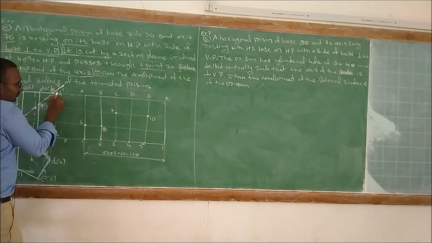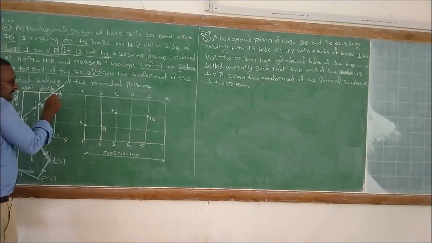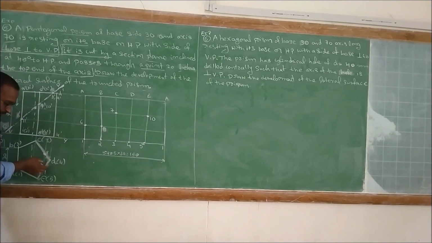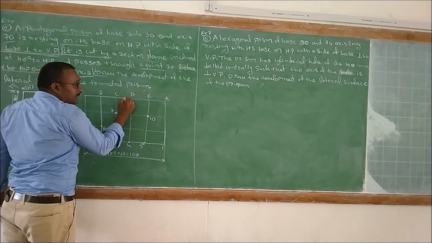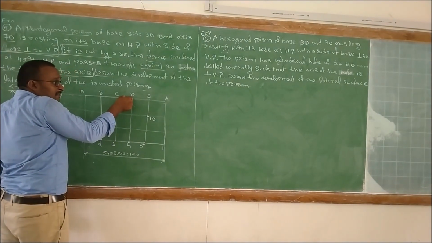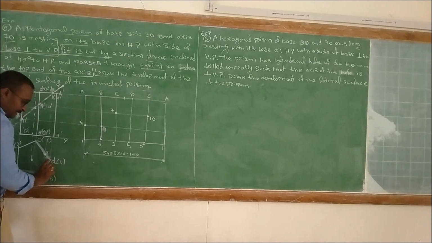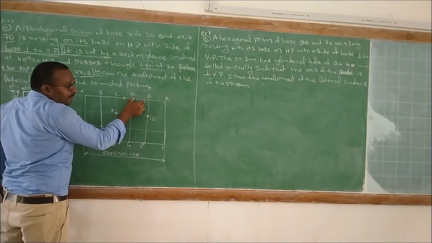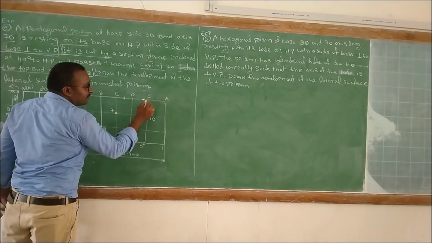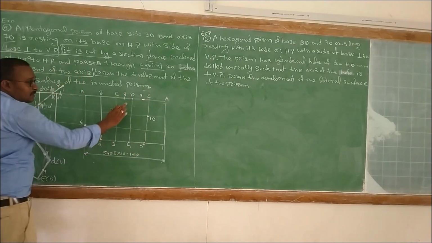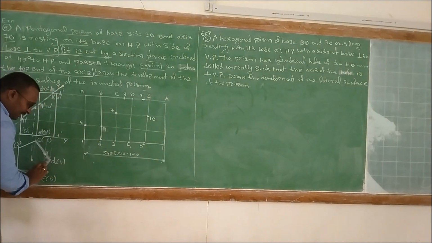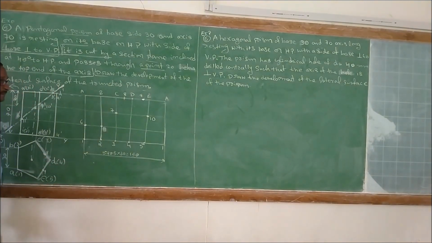Thereafter we need to determine that particular 8 and 9 point from here. So measure the distances from D to 8 and D to 9. So D to 8 must be cut on this particular surface, right? And then D to 9 should be cut exactly over here. So here it is 9 and here it is 8. So here the D point has been completely visible.